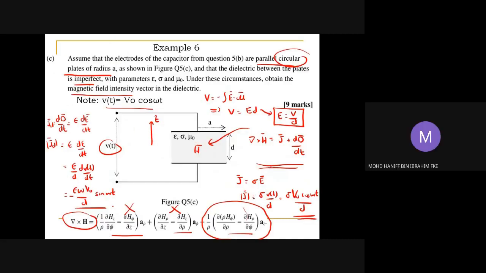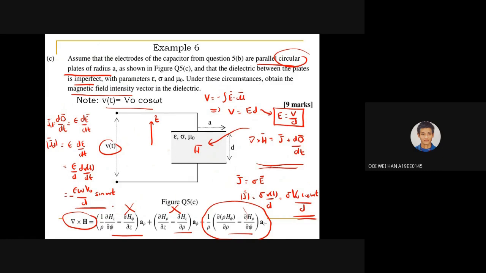In this particular case, because we have agreed, normally we assume that the arrangement of the capacitor should be in the direction of z, which means it makes our calculation easier. So that's the reason why. All the time we assume it to be in the z direction.